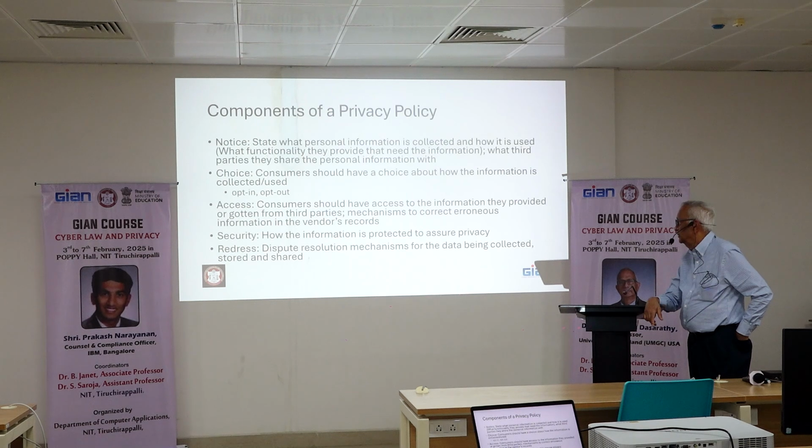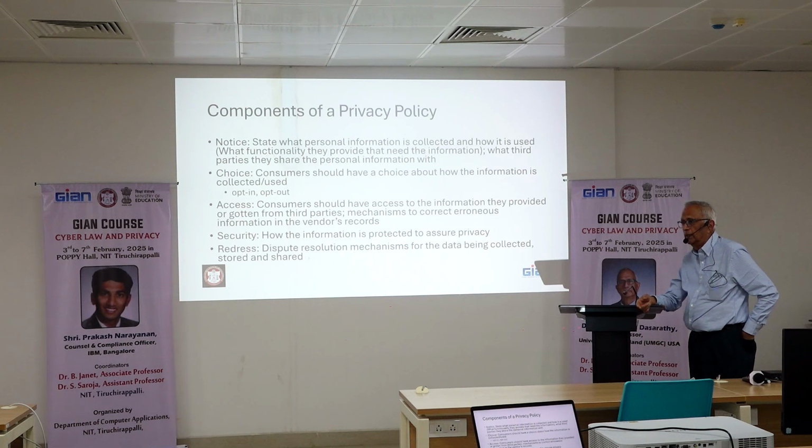That's what is called a dispute resolution mechanism. They should tell you who to contact. Often it's the Consumer Protection Agency of the state, of the district, or whatever. They should give you that information so you can contact them before they cut off the service. So these are the minimum requirements.